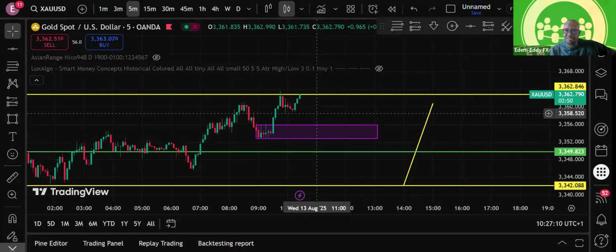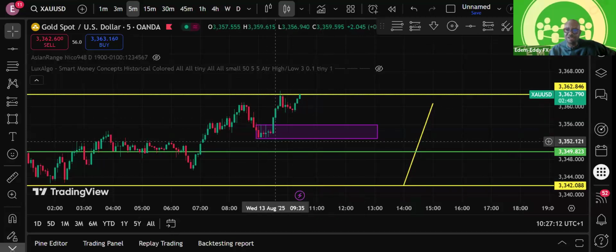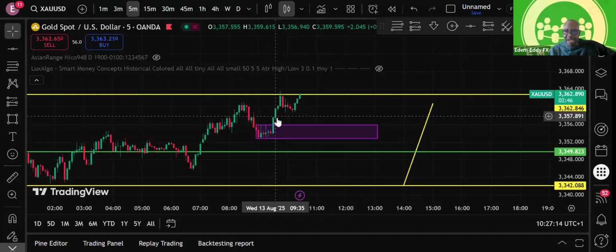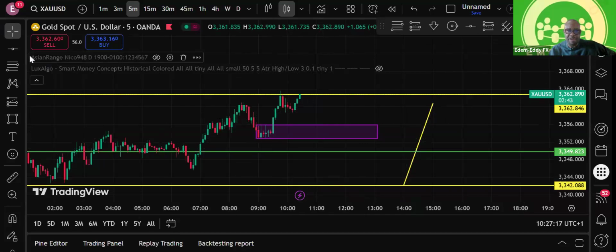And what that means is that two things are likely to happen here. There's a fair value gap here. There's a fair value gap here. Let me try to mark it manually.